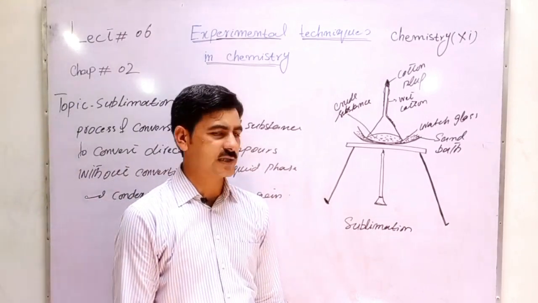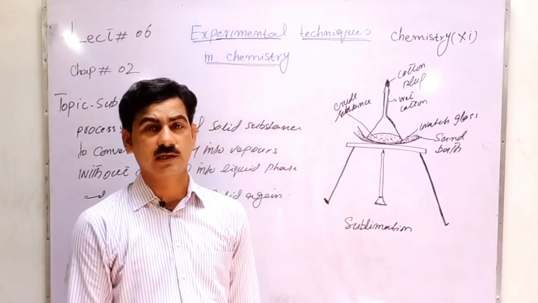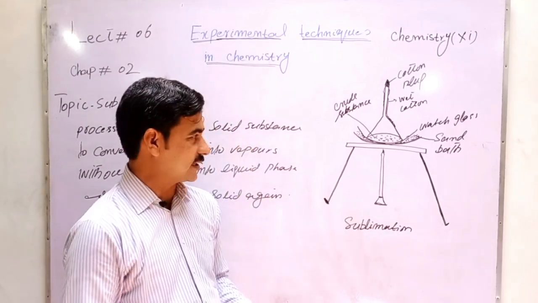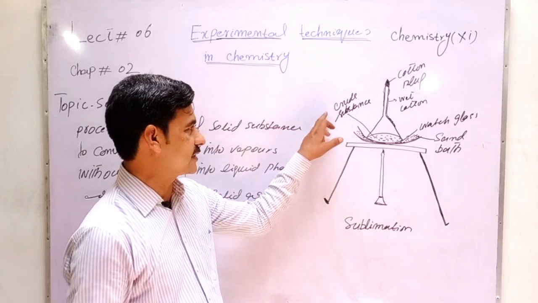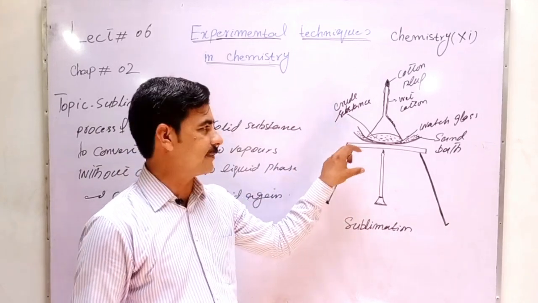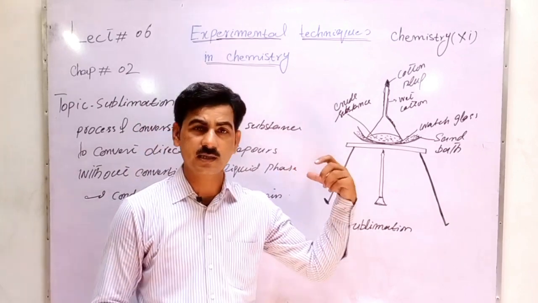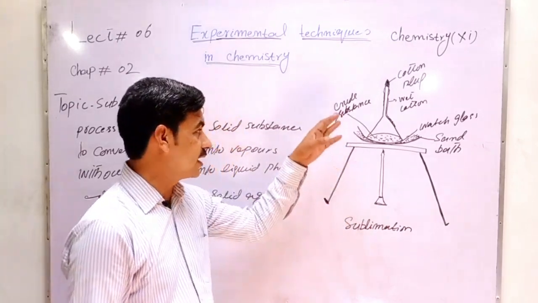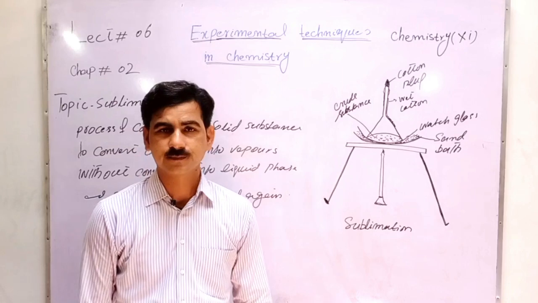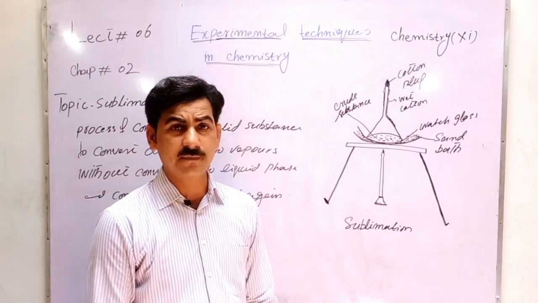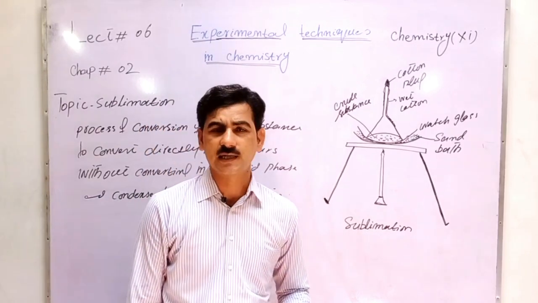Actually, certain substances which are thermally unstable, if they are present in the mixture as a crude substance, we can separate them by this sublimation process. As we know, different separation techniques are there.